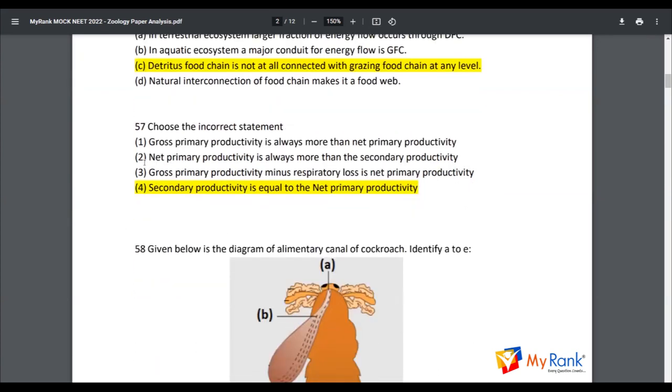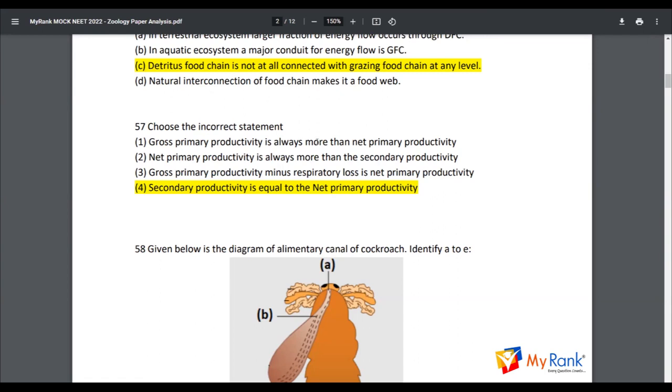So moving to the next question, 57. Choose the incorrect statement, again the wrong statement from the following options. Option 1 states that gross primary productivity is always more than net primary productivity, which is true. Then option 2 states that net primary productivity is always more than secondary productivity, which is also true. Then the third statement states that gross primary productivity minus the respiratory loss indicates the net primary productivity, which is also correct.